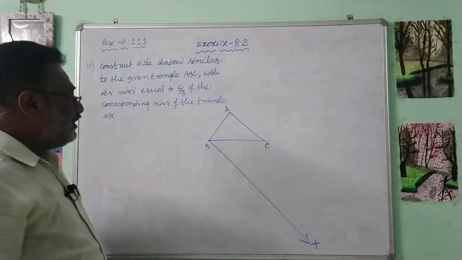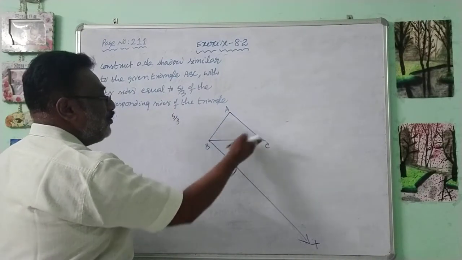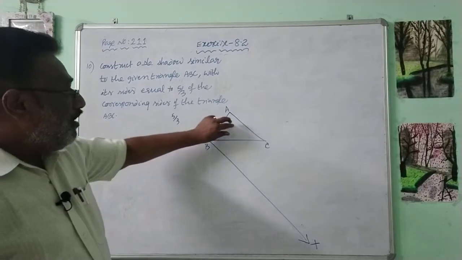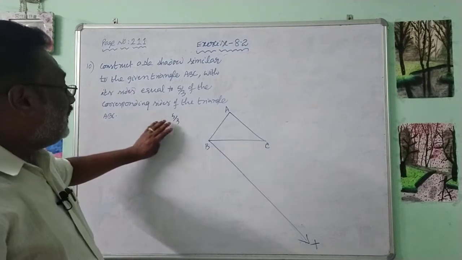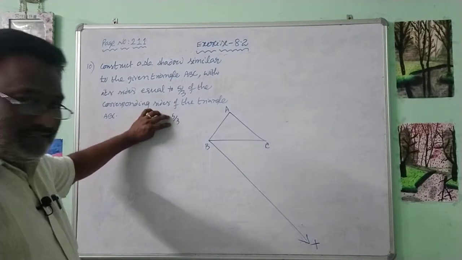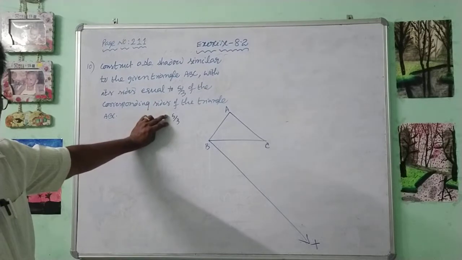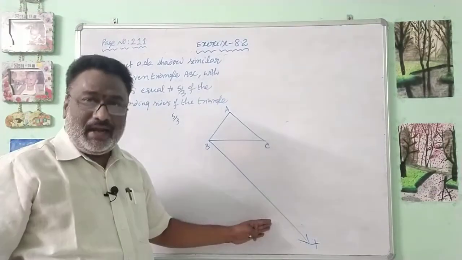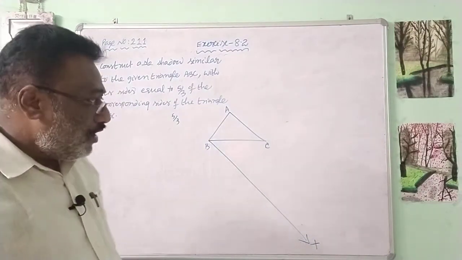Okay, so now listen to me. For 5/3 part of this triangle, we are going to construct one more triangle which is similar to the already drawn triangle, the given triangle. For that, first of all you need to observe this fraction 5/3. In this fraction, the greatest number is 5. That means this ray you need to divide into 5 equal parts by using a compass. How do you draw that?